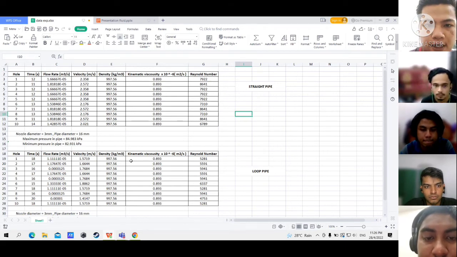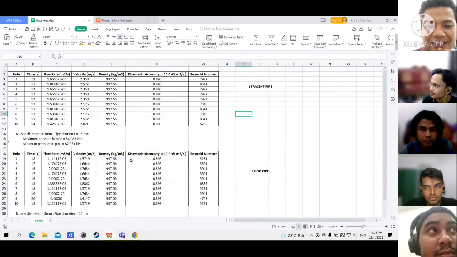We calculated the flow rate based on the time and the quantity of water. Same goes for the second experiment with the loop pipe. That's all for me. Thank you.